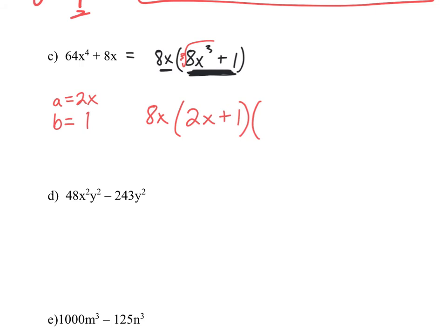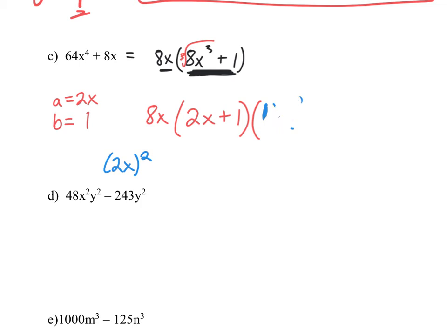So we got to square the number and the variable. What is 2x squared going to be? What's 2 squared? 4x squared, yep, because we square the number and the variable.